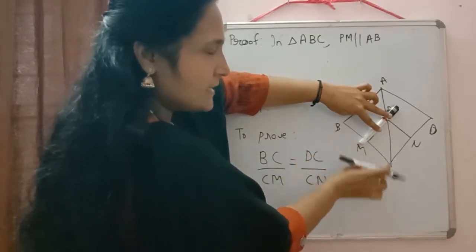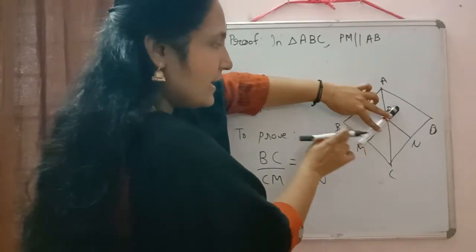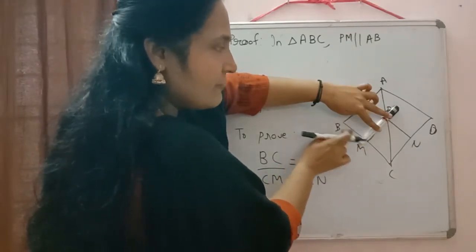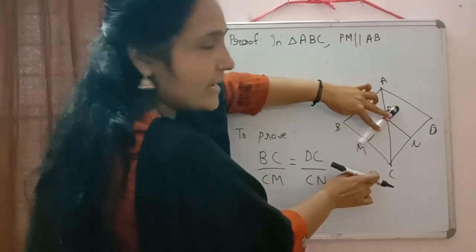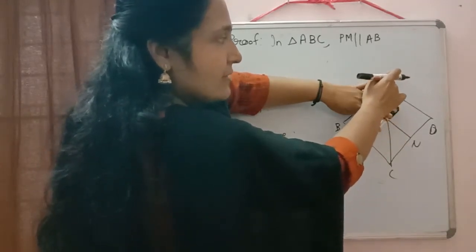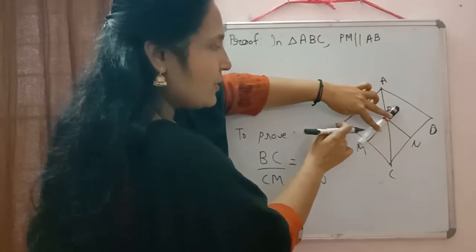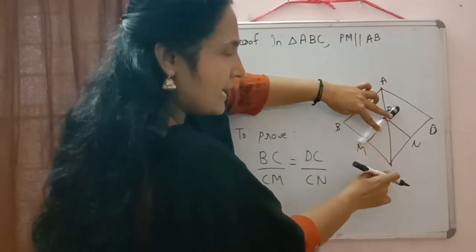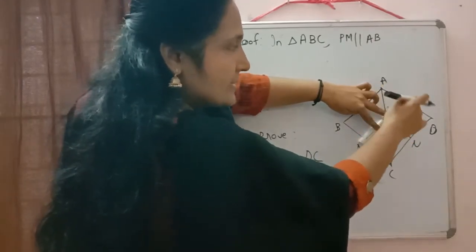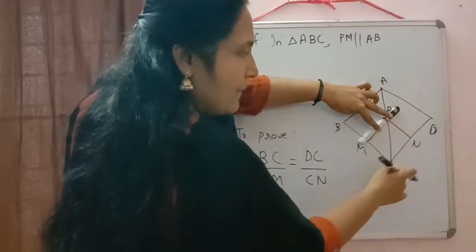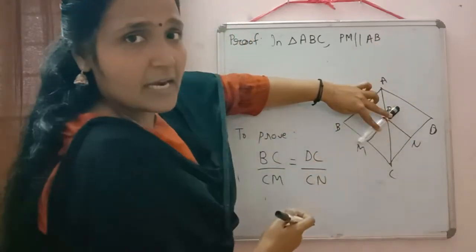BM by MC. Now, one more thing: if you are writing from the top in the first side, in the second side also you should write from the top only. Like here, if I write BM by MC, then the next one should be written AP by PC. Don't take it in the reverse order.